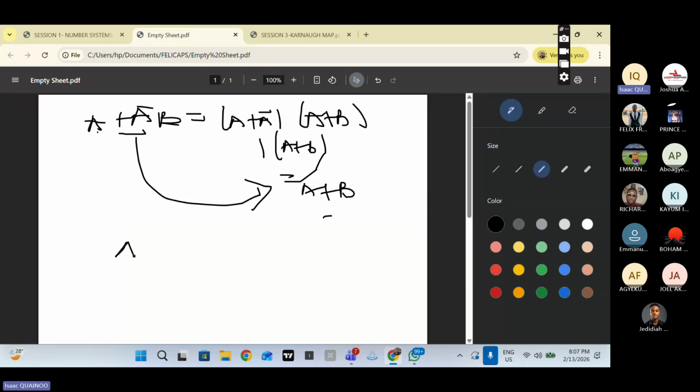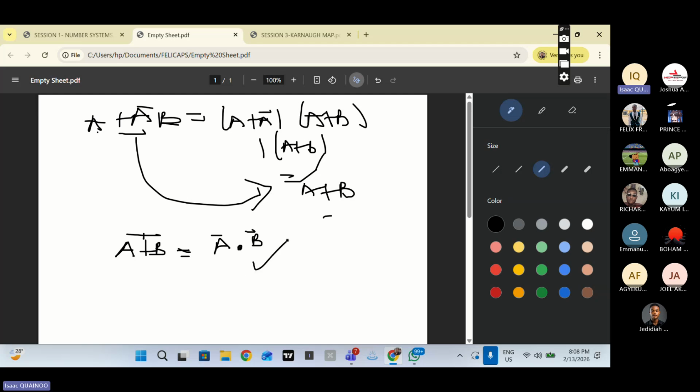So if you have A plus B or bar, what you are going to do is break the line, the line at the top, for each individual member. We have A, B, and then invert the symbol. So we have A bar, B bar, and you have OR here, so you just invert the symbol to AND.